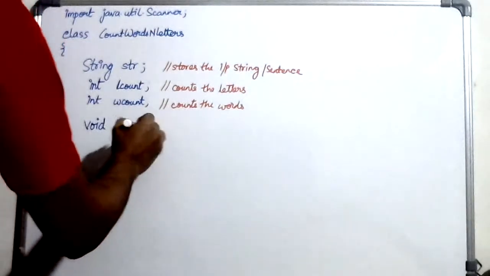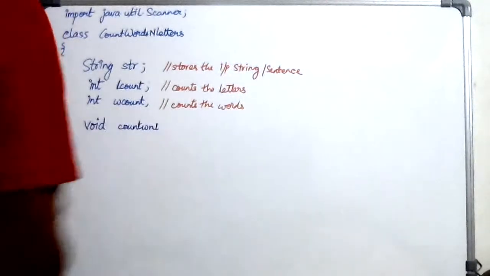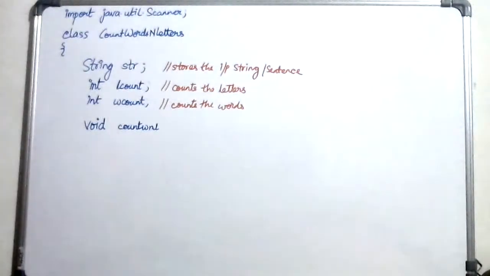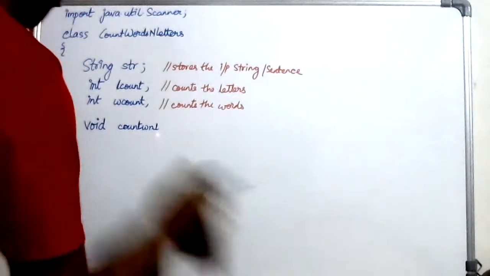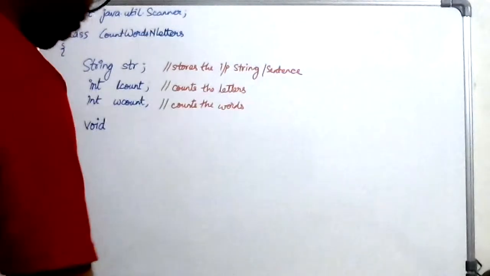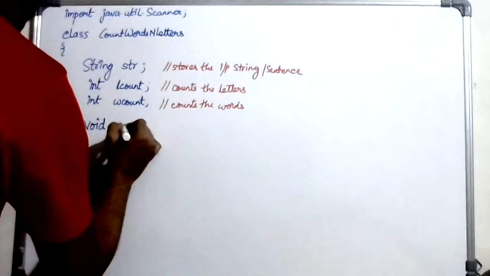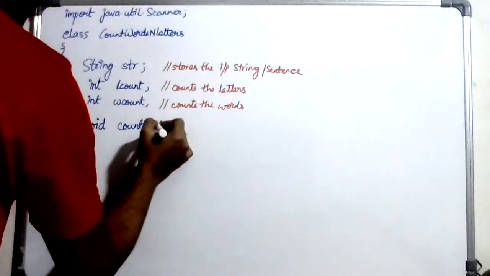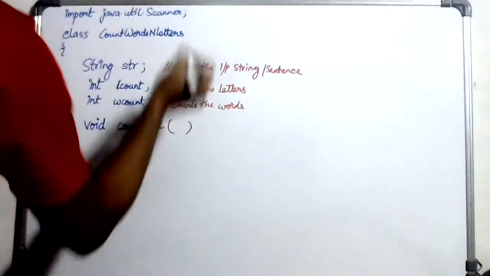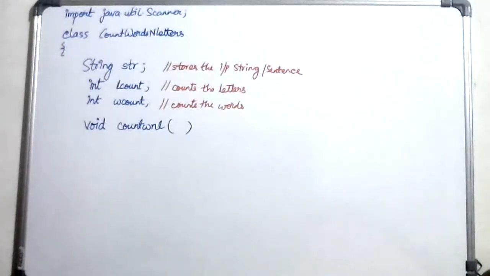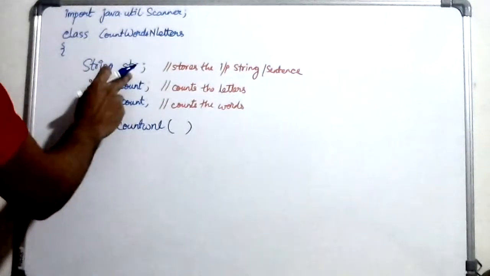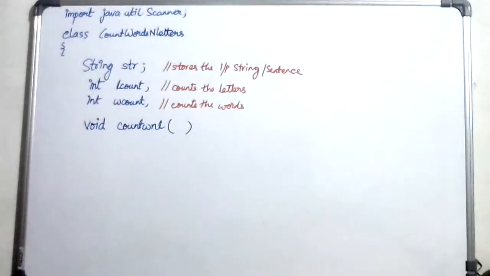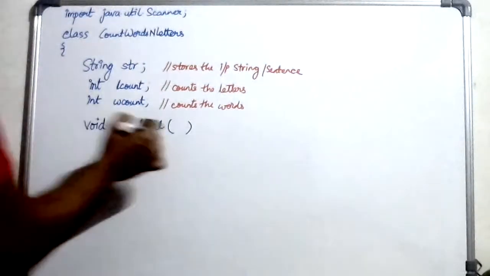I'm just giving it a fancy name. You could rename it in any way. So I'm calling it countWNL, which stands for count words and letters. It does not take any arguments because we already have the sentence variable as a class variable here. So it does not take any arguments when it is called.